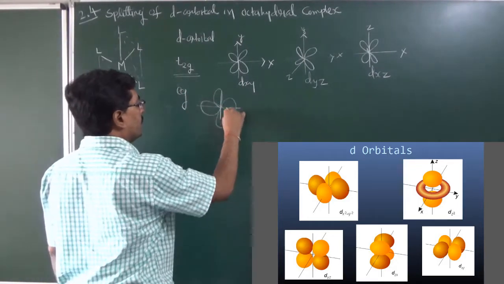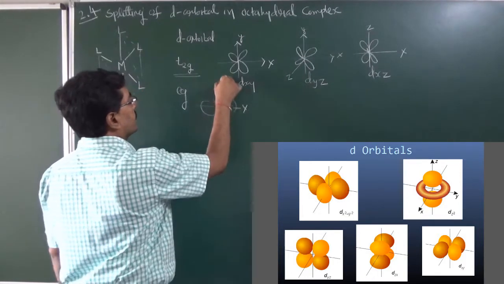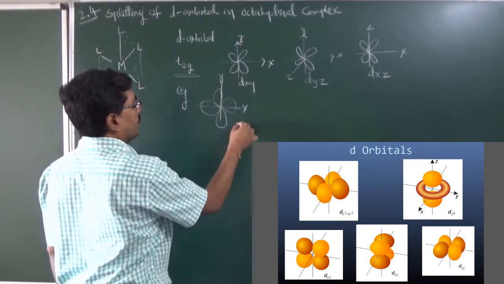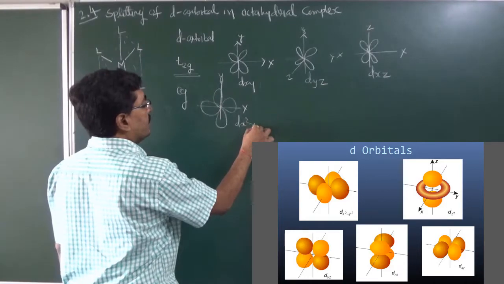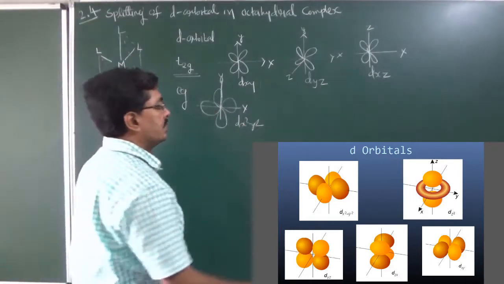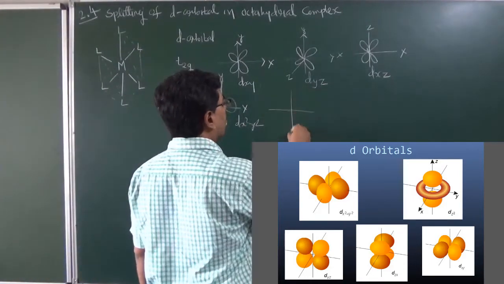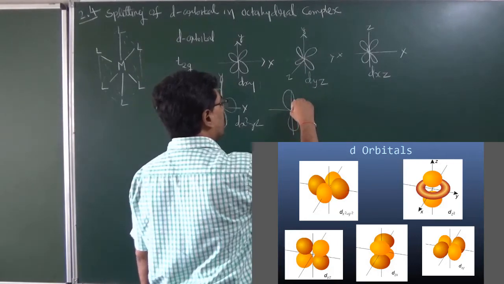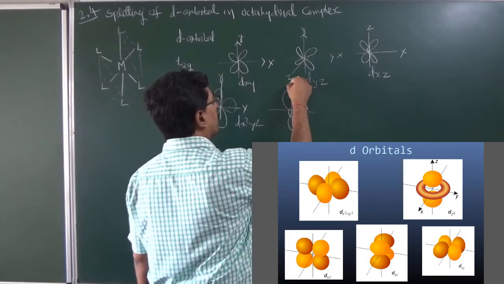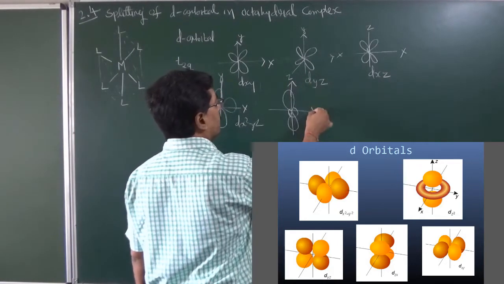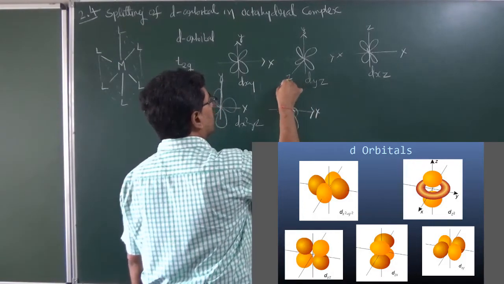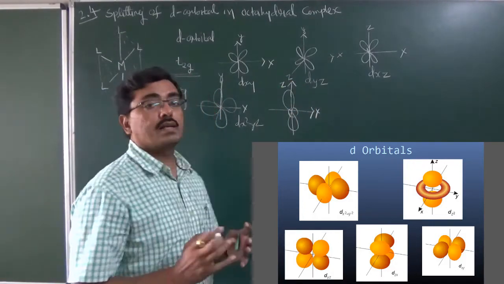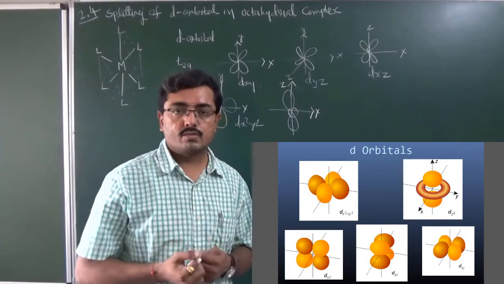So this orbital is nothing but dx square minus y square, and similarly one more orbital, dz square. So this orbital is present on the axis. If it is present on the z axis, then it is dz square.